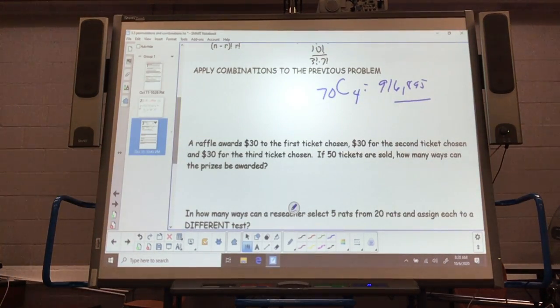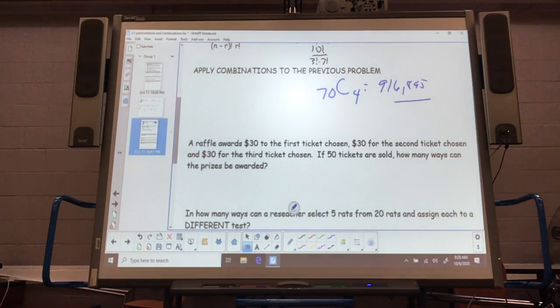A raffle awards $30 for the first ticket chosen, $30 for the second, $30 for the third. 50 tickets or so. Is order important now? Jaden, is order important? No, because the first, second, and third ticket all get $30.